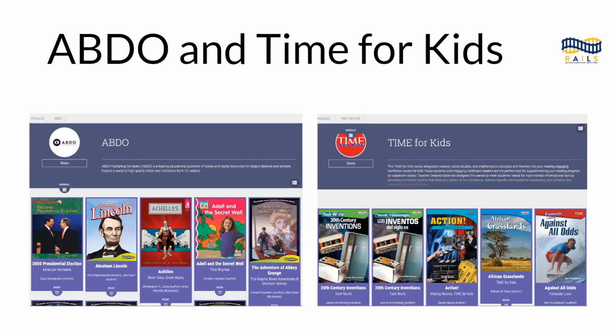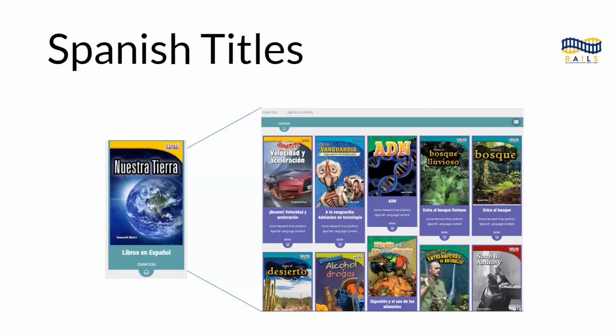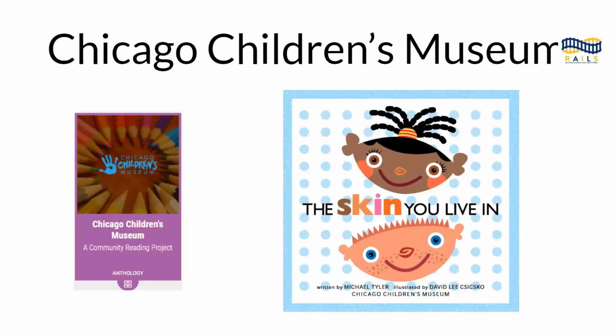Both of these collections also include many titles in Spanish, which we have collected into its very own curation, books in Spanish, so you can access those directly. There's also a collection of items from the Chicago Children's Museum, and these are educational and activity books that focus on art, science, and on building community.